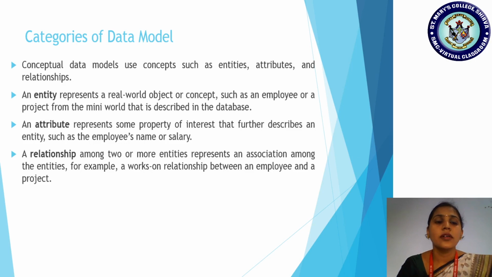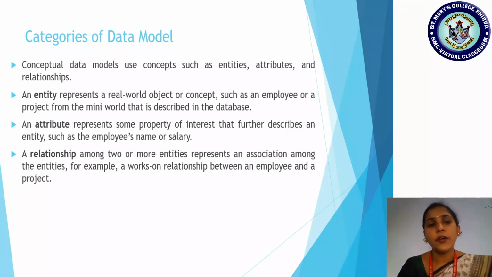For example, the works-on relationship. Employee and project have a relationship. Which type? Any employee working in an organization will be working on one project or another. So an employee works on a project. Are you all understanding? That is what they refer to as the works-on relationship between an employee and a project.